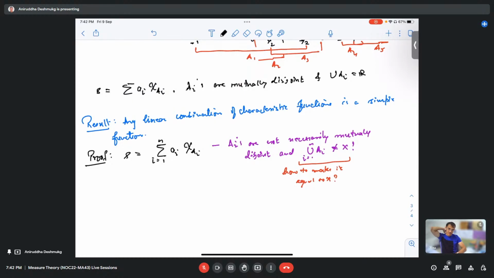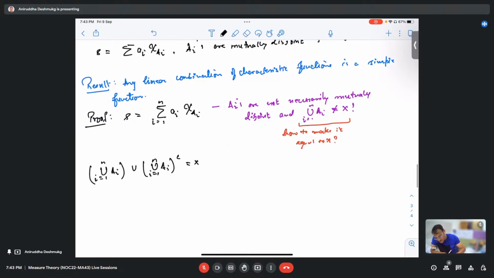Which set will we introduce? That's what I'm asking. The complement of the union of the A_i's. Exactly. So even though this is not equal to X, we know that this union with this complement must be equal to X, right? Yes, sir.